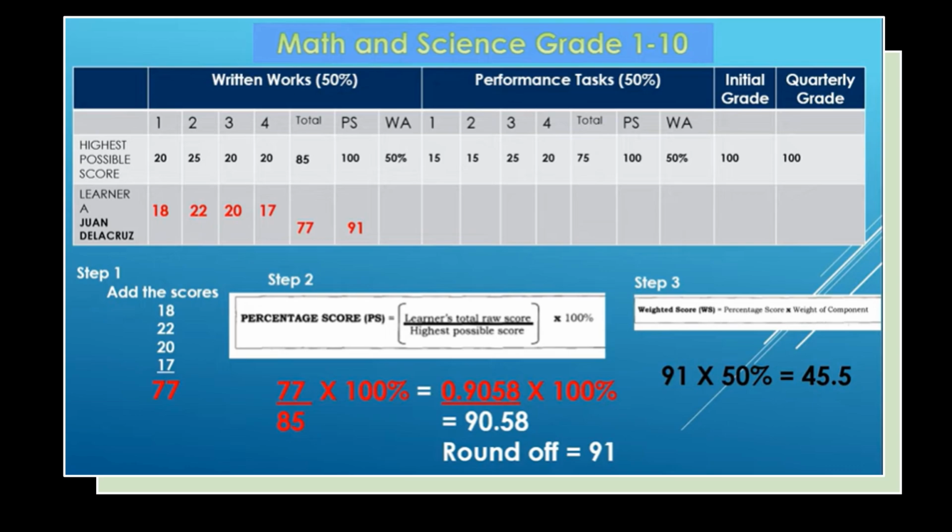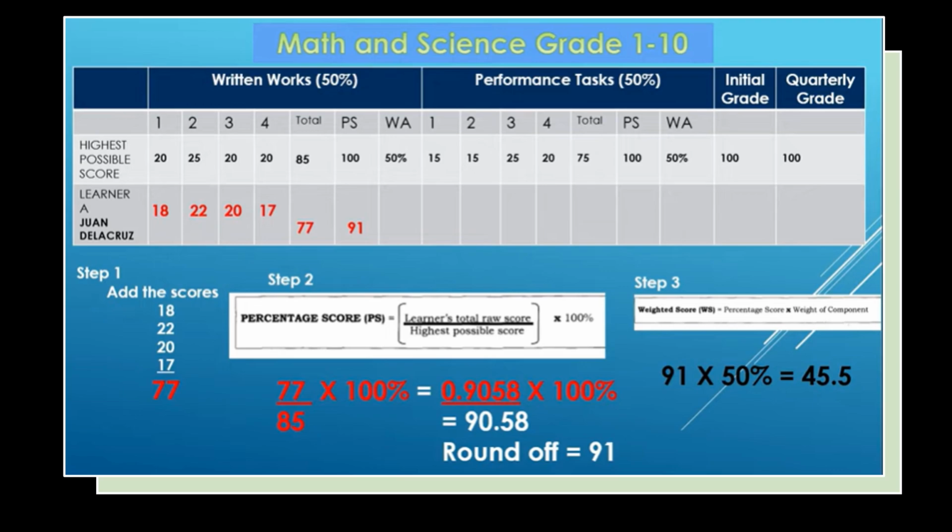So we come up with 90.58, and we need to round that off into a whole number, and we have 91. So we copy 91 into the column of percentage score.